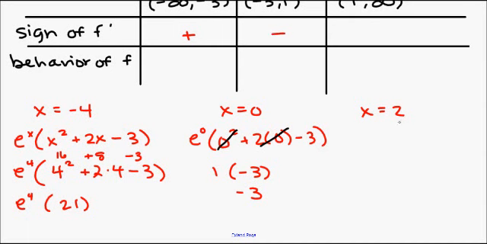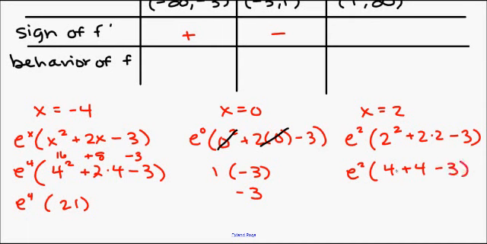And okay, x equals 2. We have e squared times 2 squared plus 2 times 2 minus 3. So e squared is positive, times 4 plus 4 minus 3. This is a 5, so I get 5e squared, which is positive.